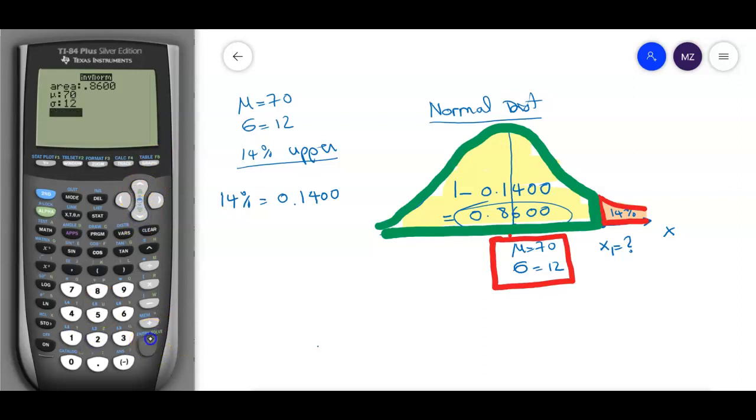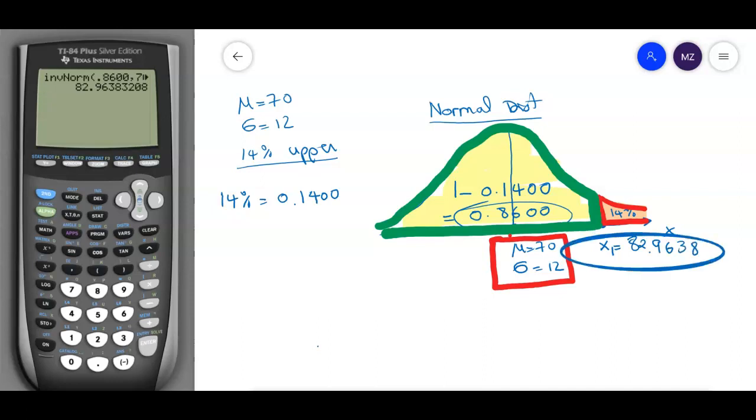You go to paste and enter, and that's the value you're looking for, 82 point. So the value that I'm looking for here is 82.9638. I'm putting all the digits because I need to round it.